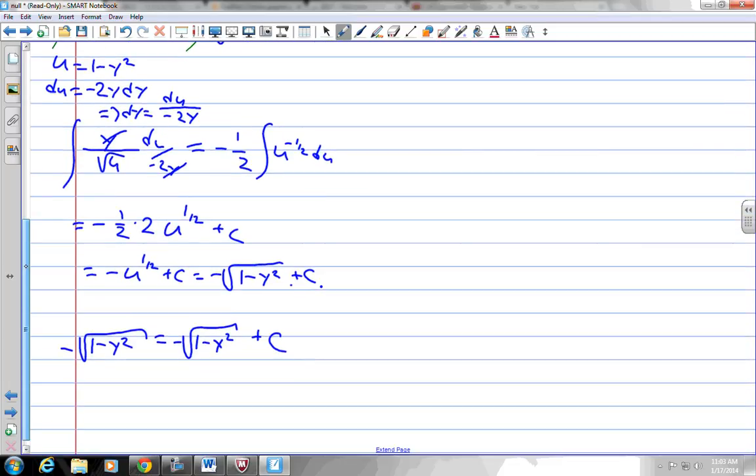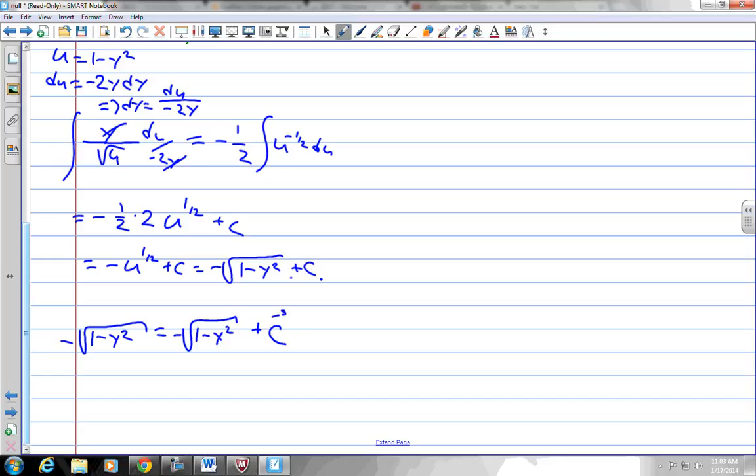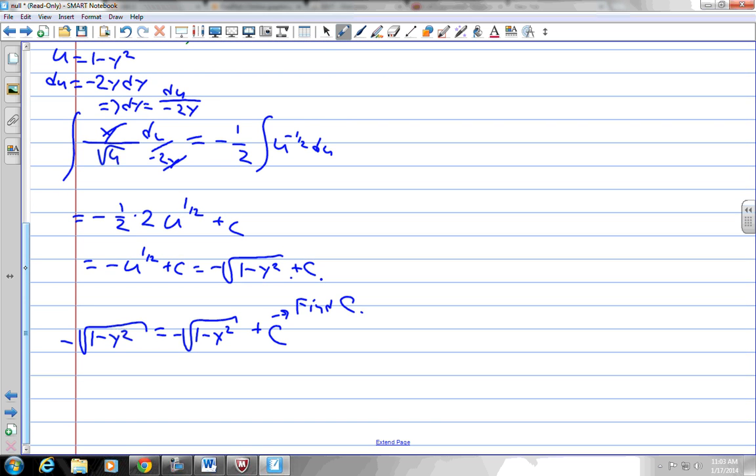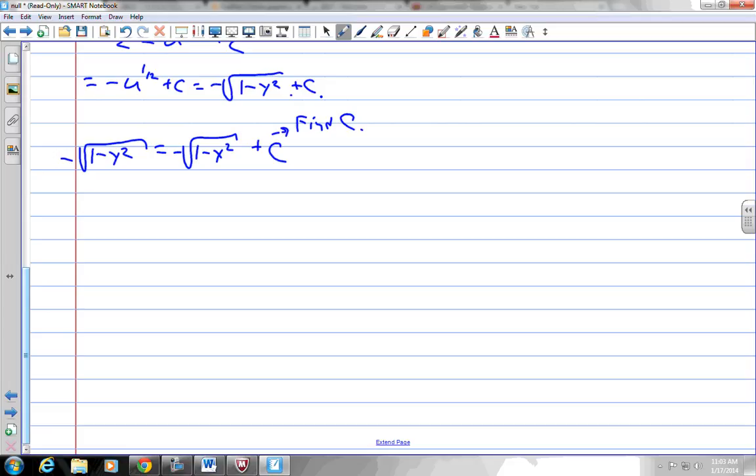Yeah, good point. We need to still solve for c, because what's the initial condition? 0, 1. So I'll keep the negatives here. Negative of 1 minus 1 equals negative of 1 minus 0 plus c.